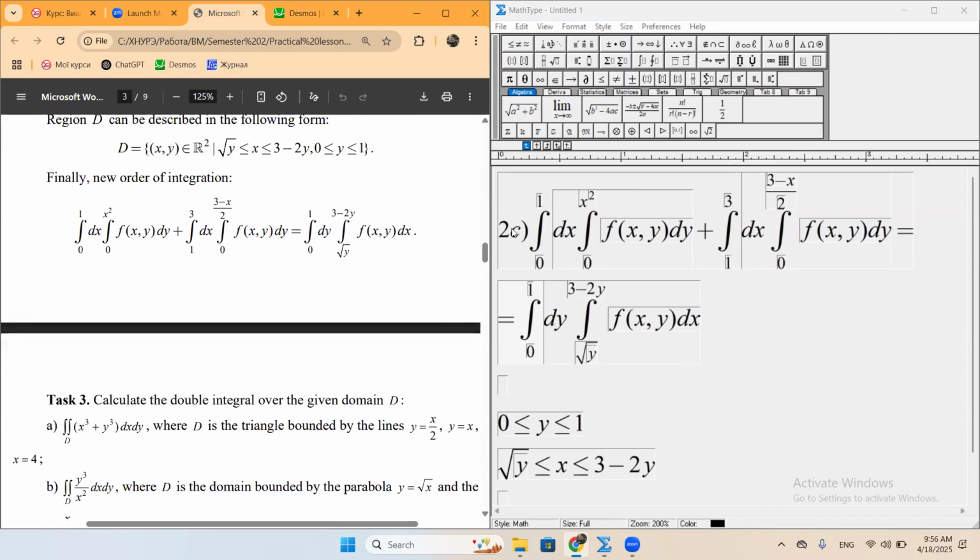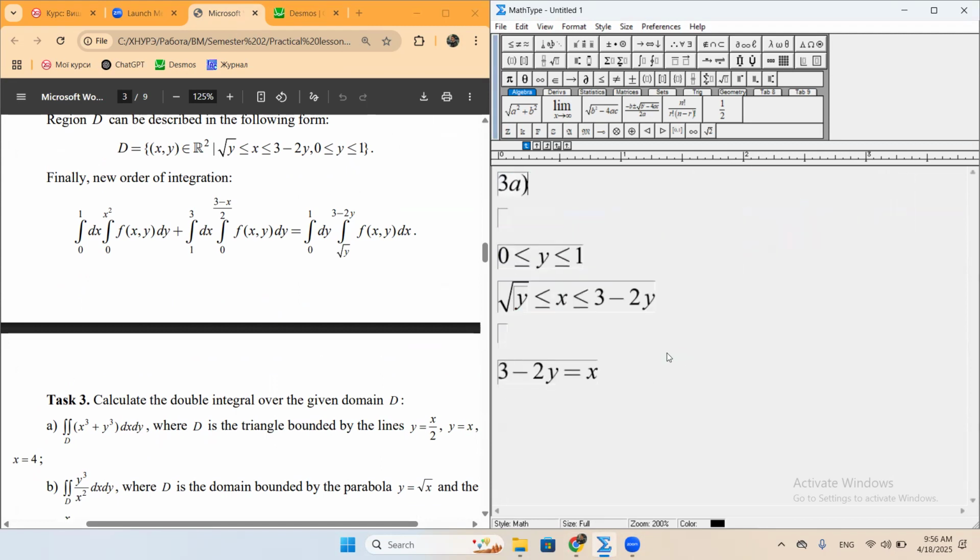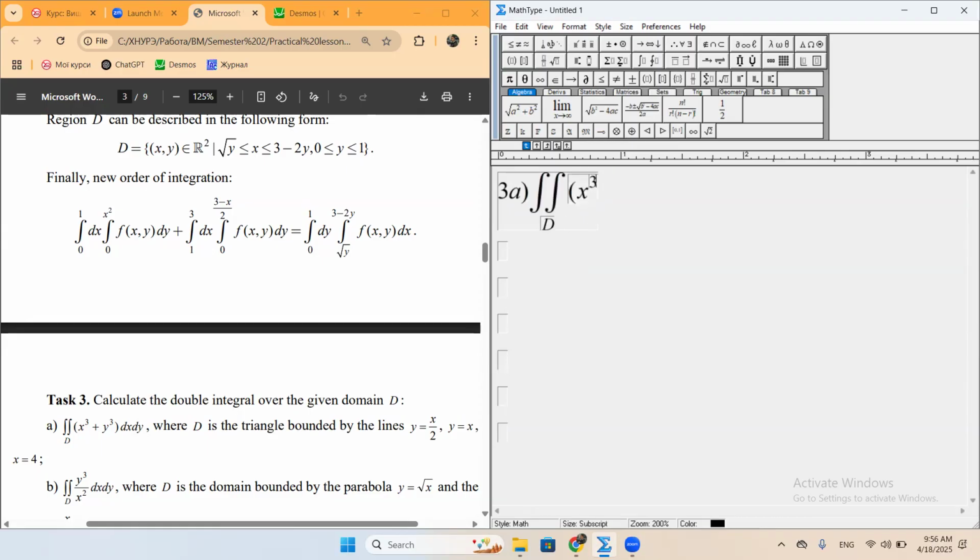So 3a, we will have the following integral. x cube plus y cube dx dy, and the region of integration is the following: y equals x over 2, y equals x, x equals 4.